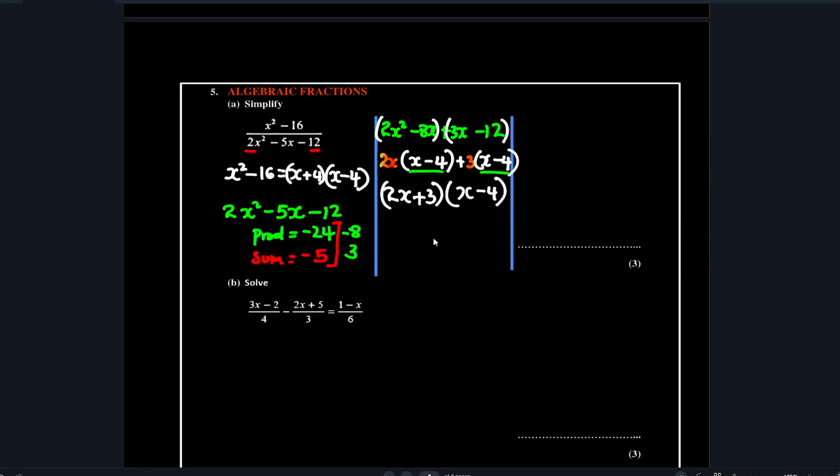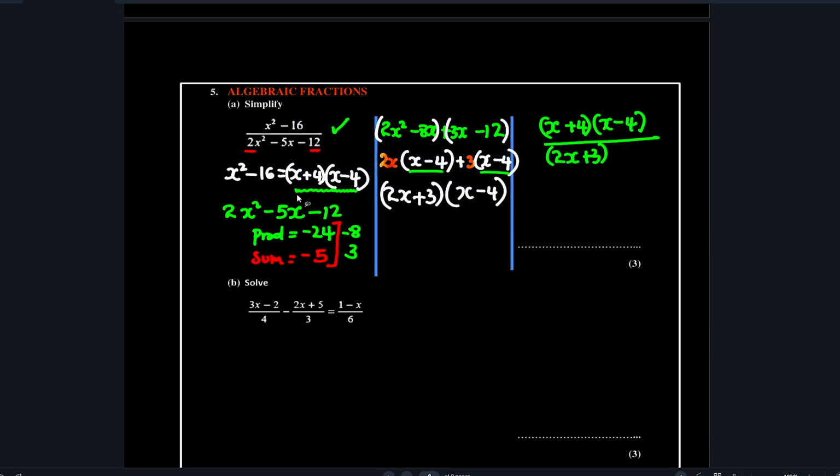We need to write the expression now the way it was originally written, with the factorized format of each of the parts. At the numerator, we have x plus 4, x minus 4. That is the factorized form. At the denominator, we shall have 2x plus 3, x minus 4.